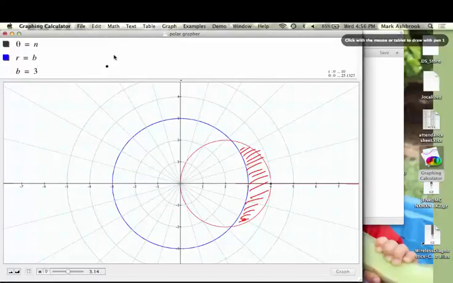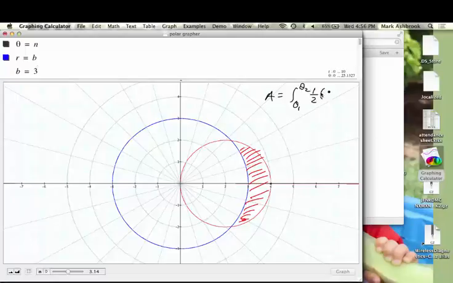Okay, so area is the integral from theta 1 to theta 2 of 1/2 f(theta) squared d theta. All right, what's theta 1 and theta 2? Where are we integrating from, what angle to what angle?